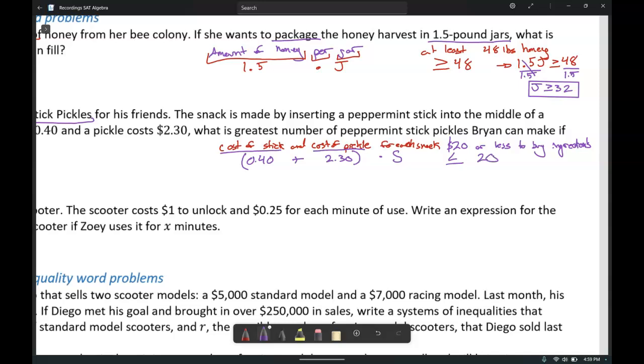And so we can simplify this as 2.7S less than or equal to 20, so that we can solve for the number of snacks. If we divide both sides to solve for S, S is less than or equal to 7.407, and then there's some rounding that goes on there. And so at most, he can make 7 pickles.